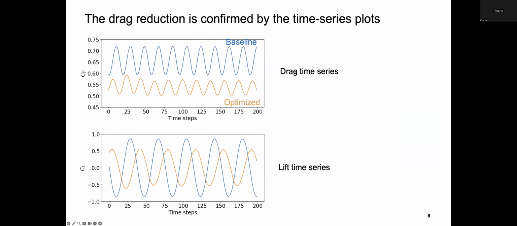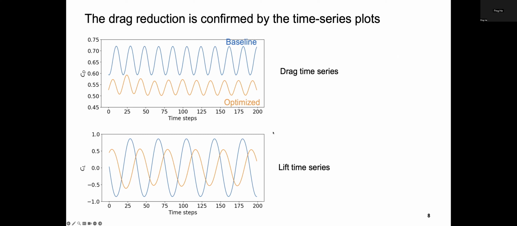To further confirm that, this slide shows you the time series of the CD and CL, comparing the baseline and optimized design. You can see that drag is indeed reduced. Lift remains the same, but the optimized design seems to have a lower lift oscillation magnitude.